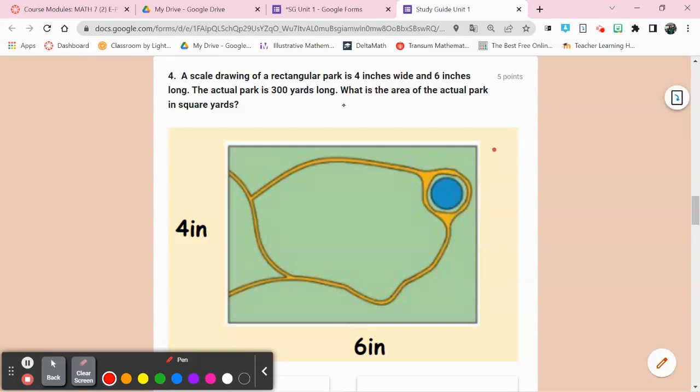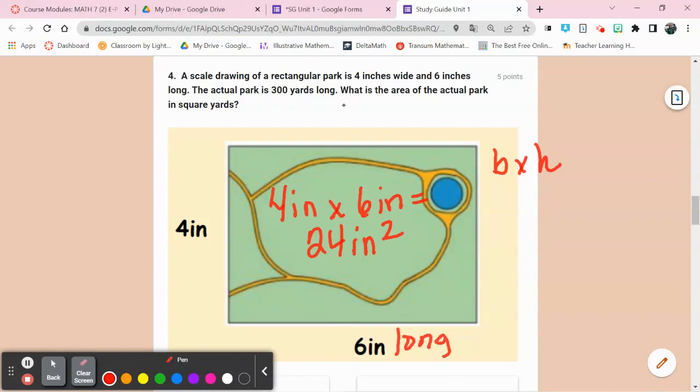To find area, base times height. So that's going to be 4 inches times 6 inches, which gives us 24 square inches. Now, the scale drawing is 6 inches long, okay? This is our long. And on the actual park, it's 300 yards long.